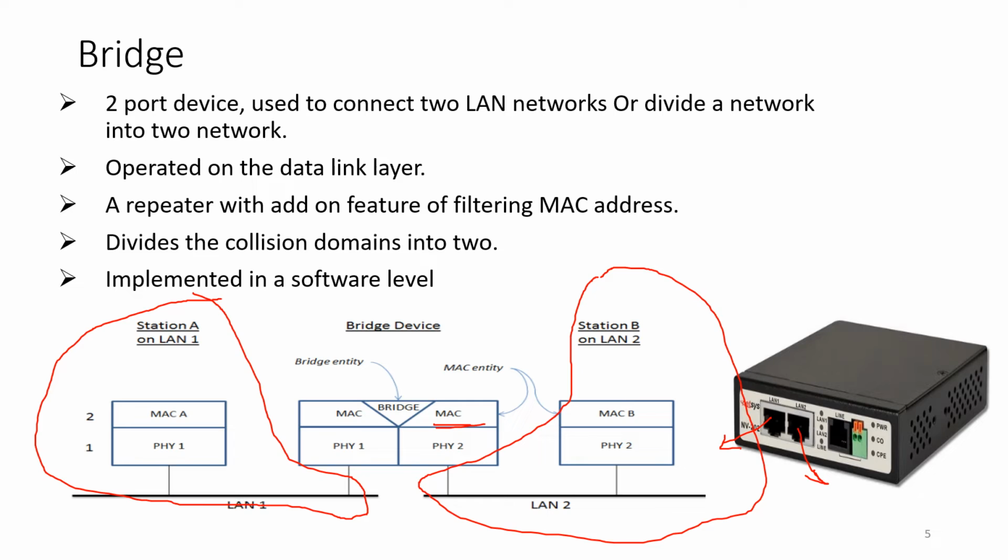Let's assume I want to send some data from this network to this network. If the receiving node resides in the other network, then only the data is transferred through the bridge to the other network. If the intended receiver's MAC in the transmitted frame does not match, it will not transfer that data to the other network.